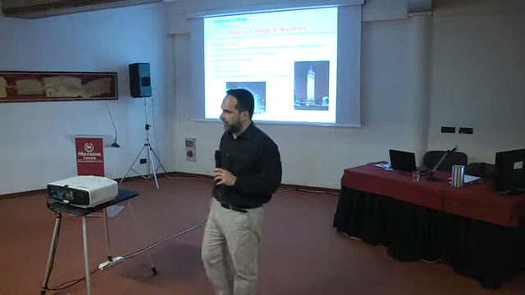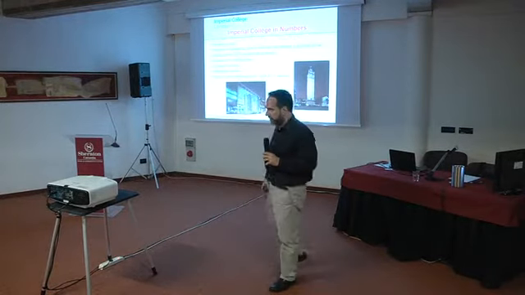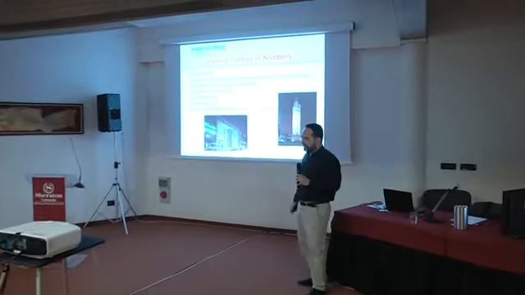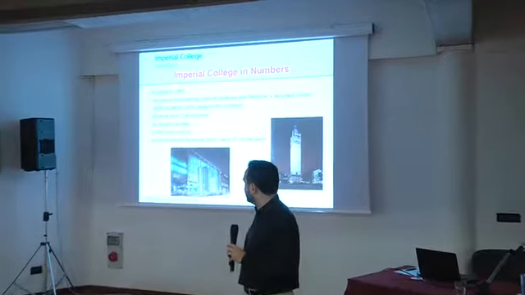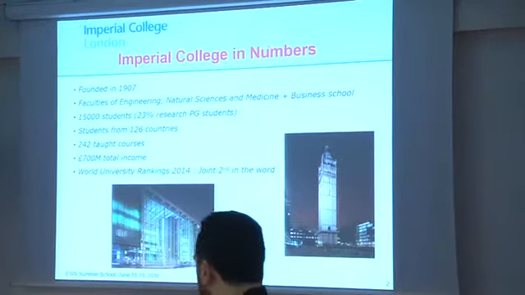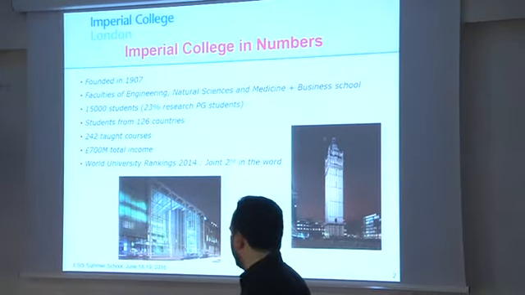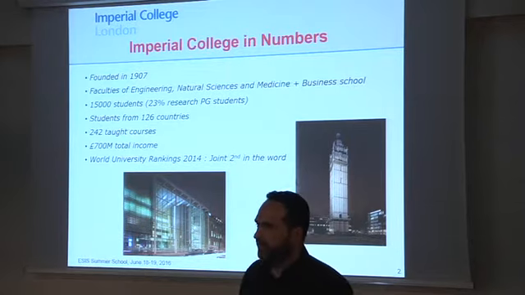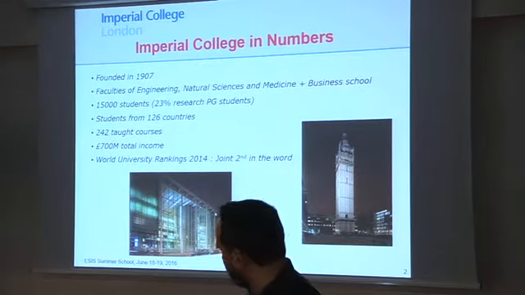So 23% of our students are postgraduate students, PhDs, master students. We obviously have students from all over the world, and research staff and professors are also all over the world. They come from everywhere. We seem to be ranked anywhere between the 1st and the 15th university in the world, depending on the ranking you see.